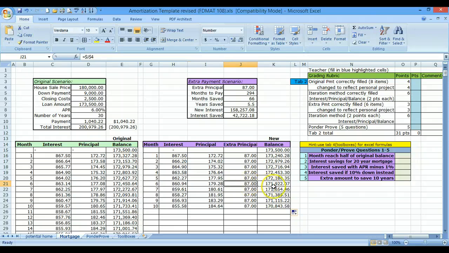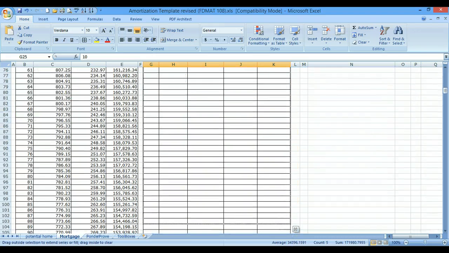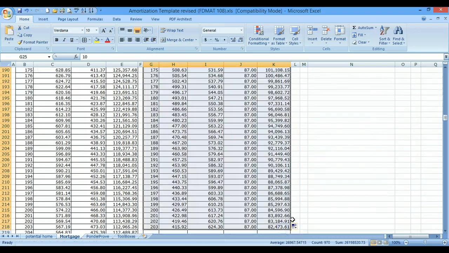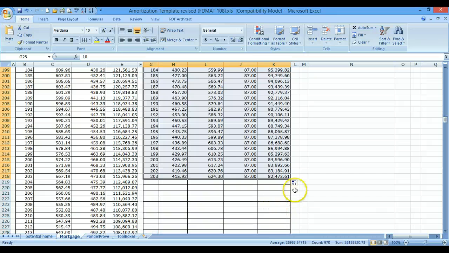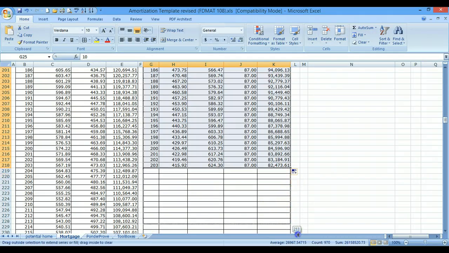That's great. And that's still $87. And this in your PDF is $171.922. Good. So everything looks great so far. I can pick up again and drag this down until I get to, I think it was 294 months. So we'll just keep going.